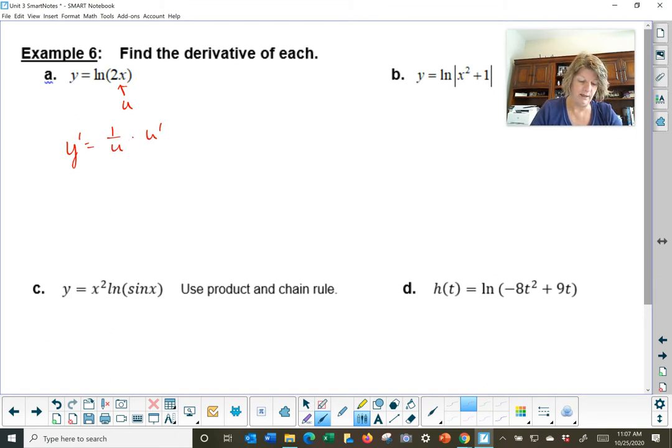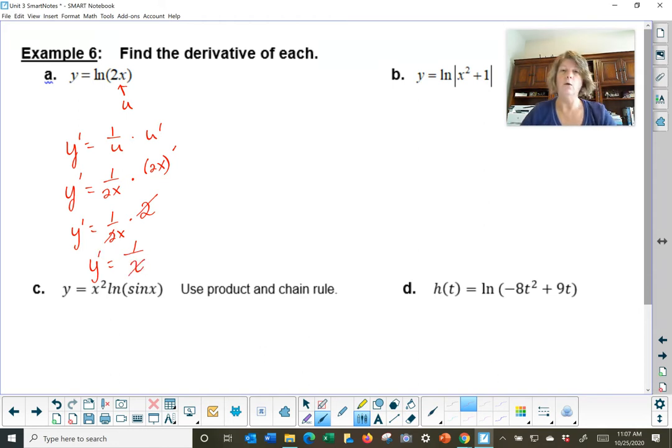That's the recipe that I'm going to use, and I'll have y prime equals 1 over 2x times the derivative of 2x. Well, the derivative of 2x we recognize to be 2. And putting it together, I can cancel the 2, so I finally get y prime equals 1 over x.